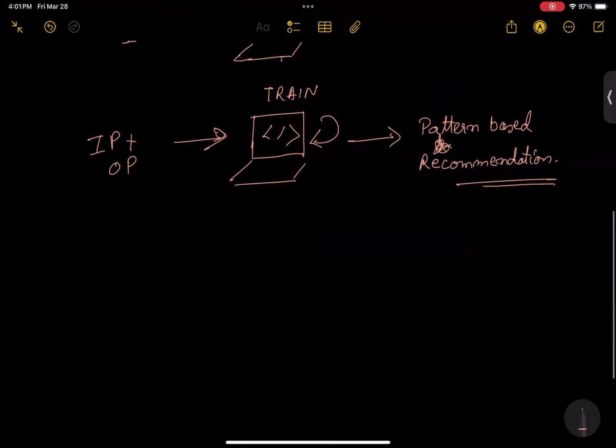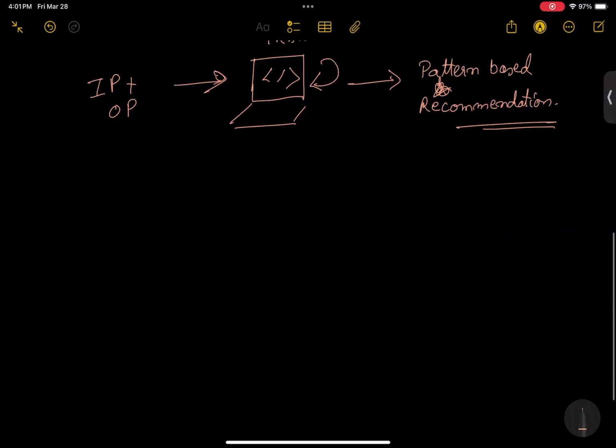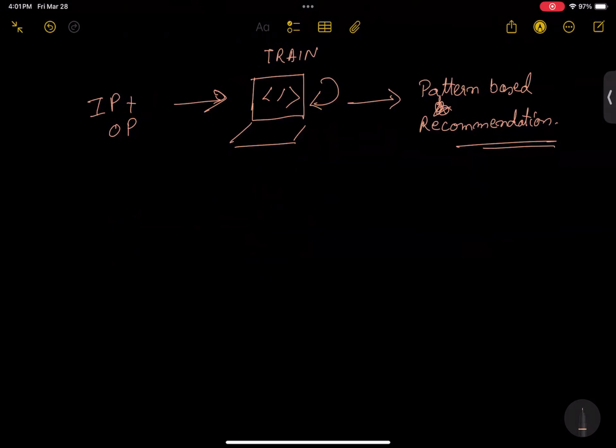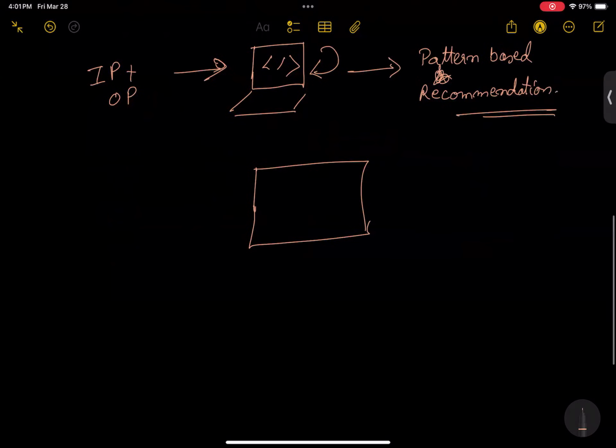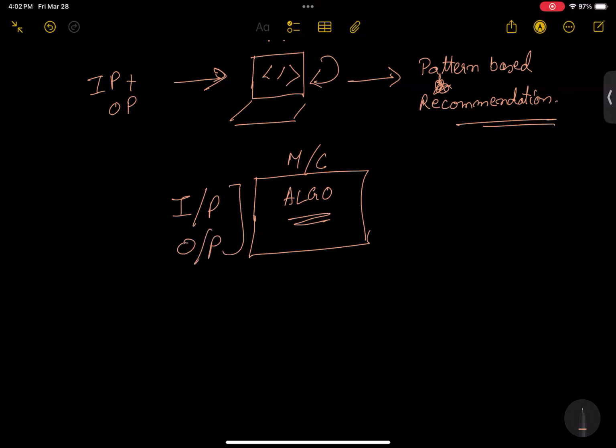Okay. So here, what we have to understand is that when we think of this as a system or a machine, this machine runs an algorithm. This algorithm is fed with both input and output data.